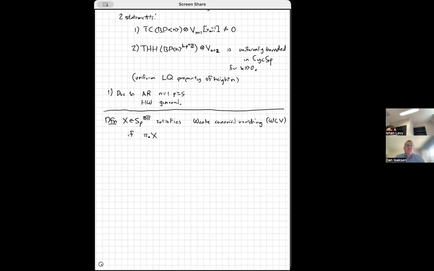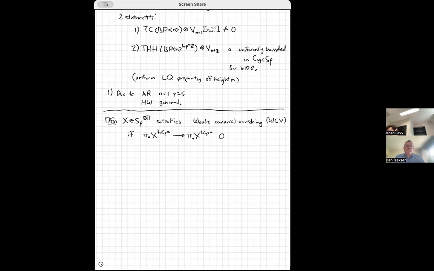So there's this canonical map. You can take the fixed points by any subgroup of the circle, and that fixed points maps to the Tate construction. And weak canonical vanishing is saying that this map is 0 in high degrees.